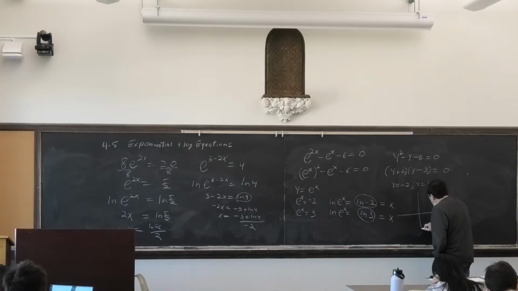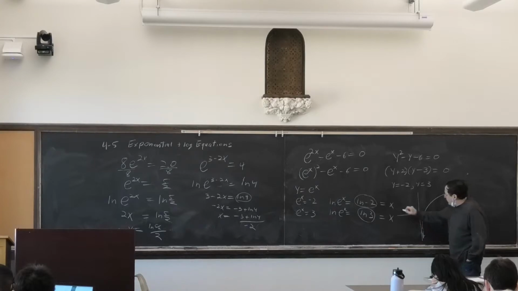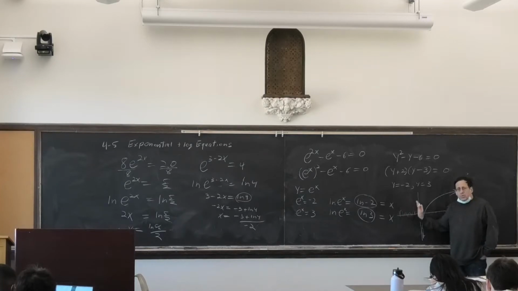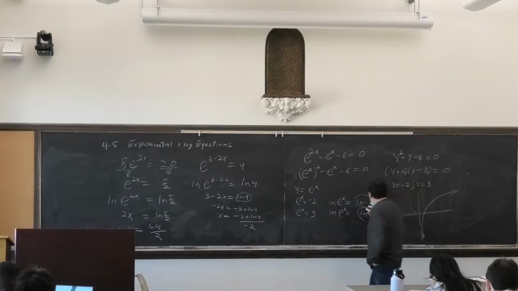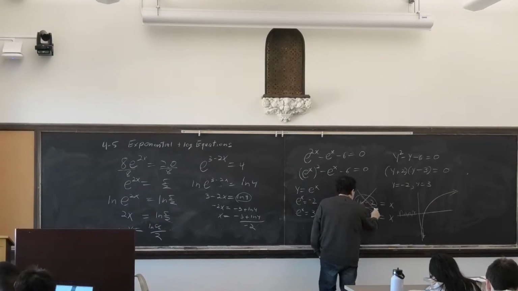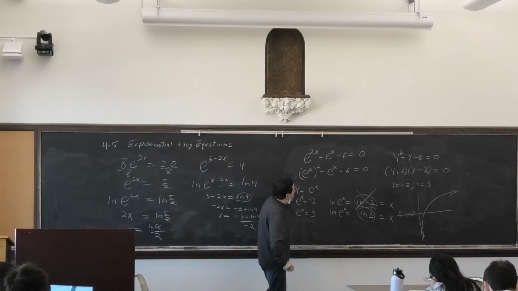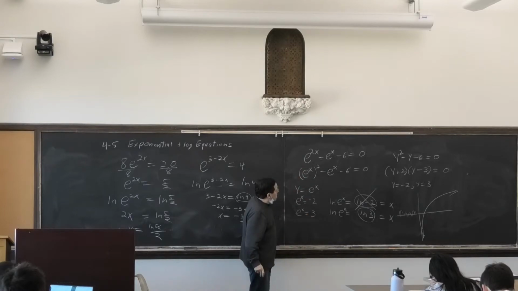Typical log function looks like this. These values, negative and 0, are not part of the domain. So this is just a spurious solution. It's not a real solution to this.